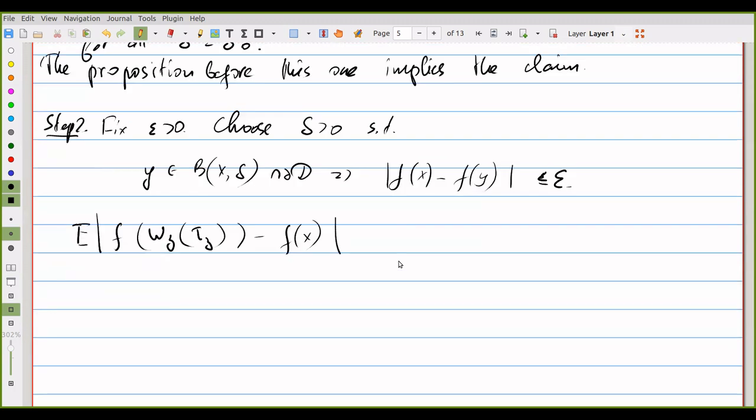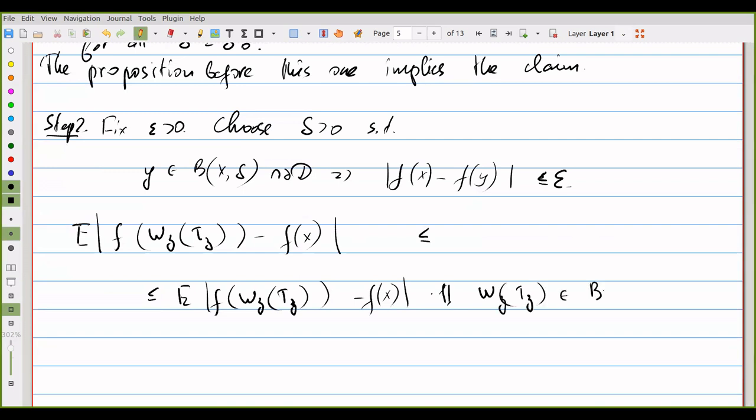This is going to be less than the same quantity times the indicator that tau hits in a close proximity, plus I will estimate this part, and here's the probability that happens a complement of this.